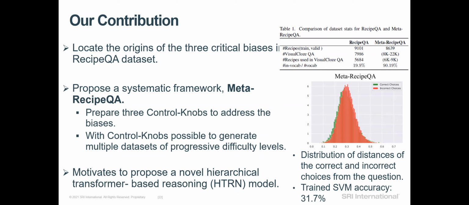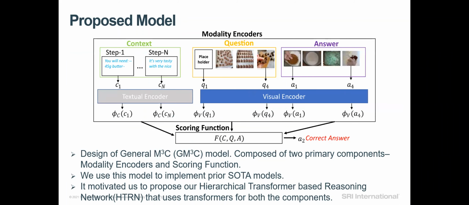And now the true acid test for any kind of system would be that it should do well regardless of all such manipulations, right? And so that is our contribution here, right? And in the interest of time, I will skip ahead.